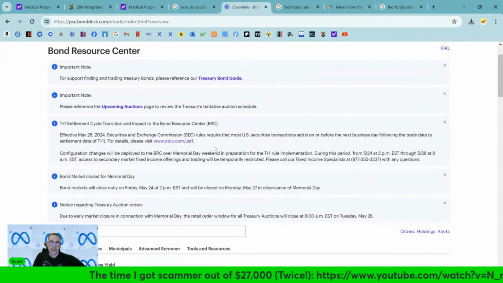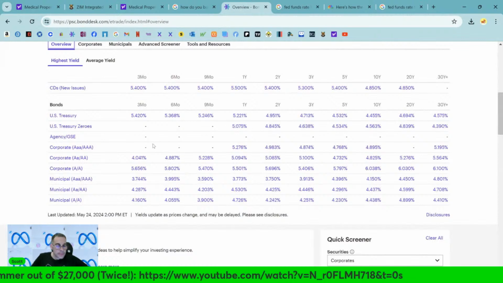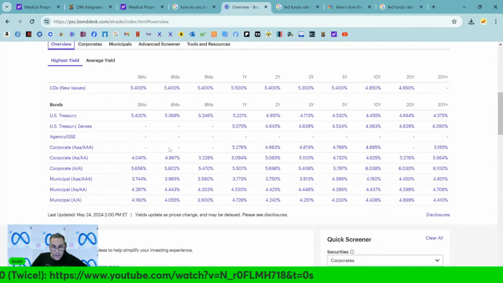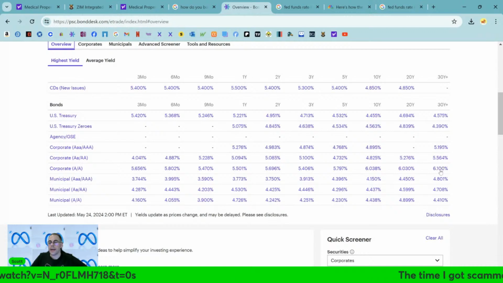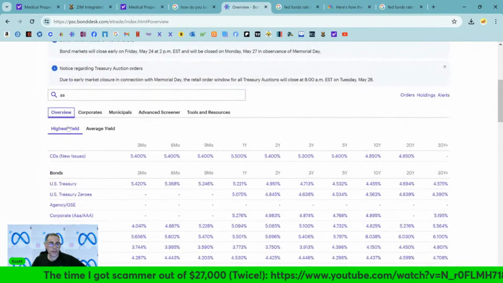TD Bank bonds. Corporate. Okay, so the single A has the highest. Oh, that's because it's investment grade.